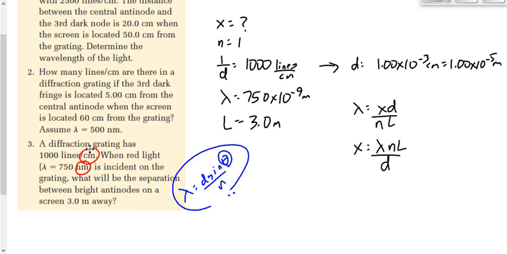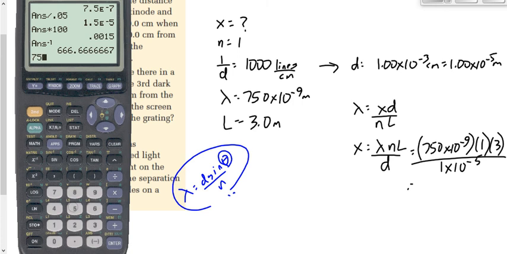Okay, so let's solve for x here now. What do we got here? Lambda, 750 times 10 to the minus 9, times n, which is 1, times L, which is 3, divided by d, which is 1 times 10 to the minus 5. Is that right?